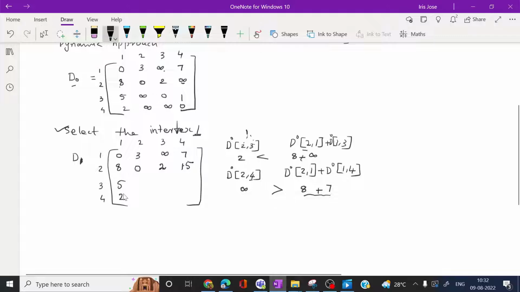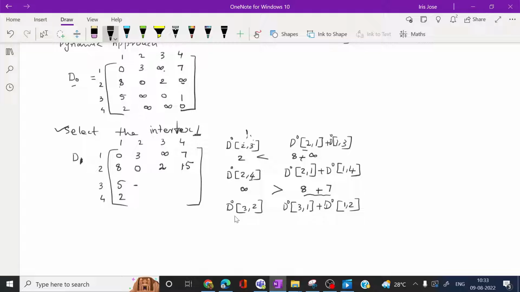Now next is this one. Next is D32. D32 is compared again considering the intermediate vertex as 1: D31 plus D1 2.